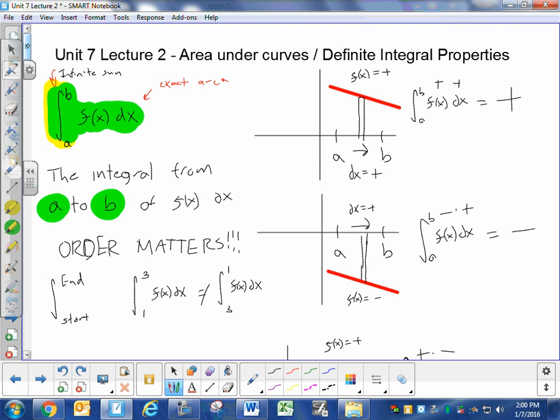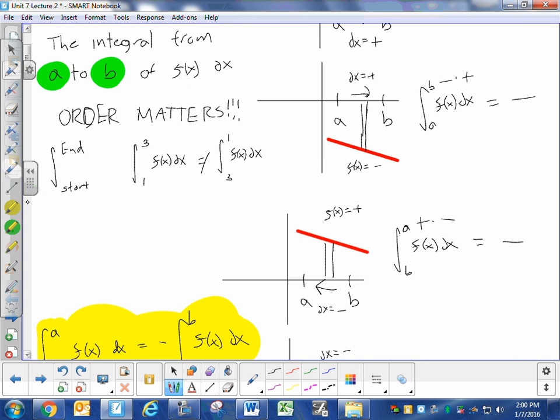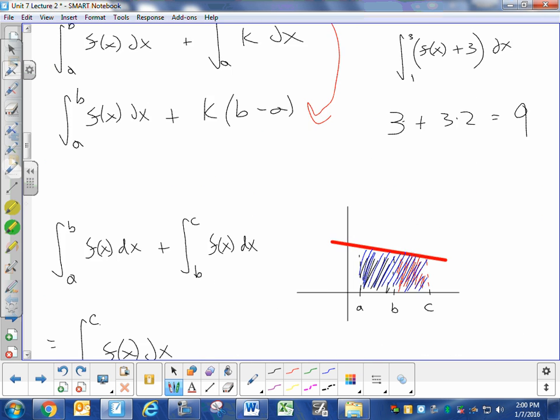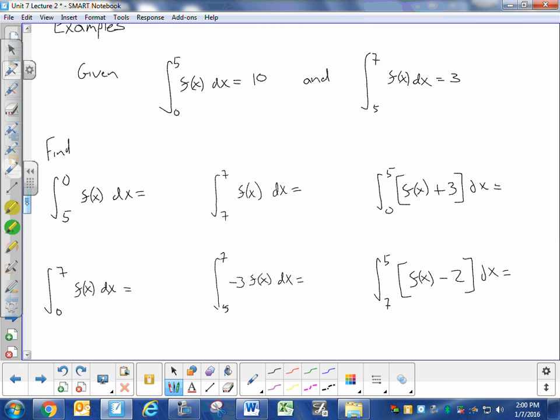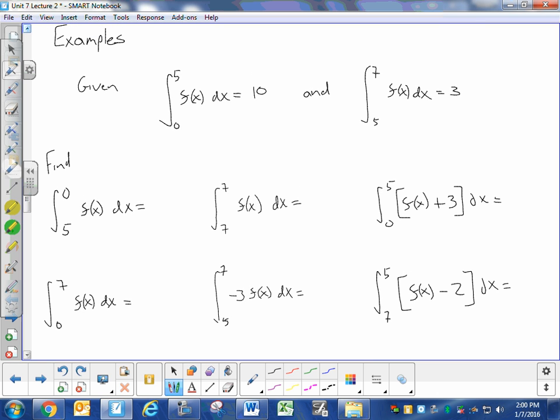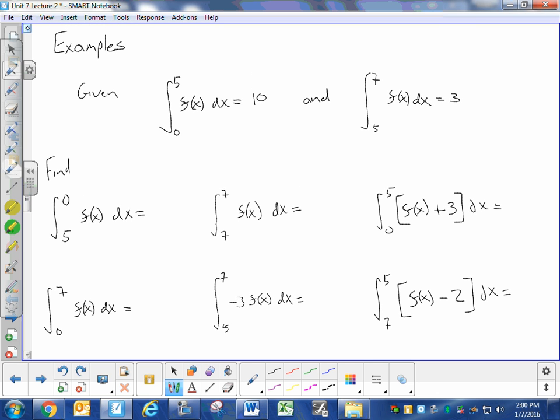Cool. We are ready to do some examples. Now, for these examples and the problems you're going to see on your homework and on your next quiz, they're fairly straightforward. You're going to be given information, either a graph or certain integral notation expressions, equations really.